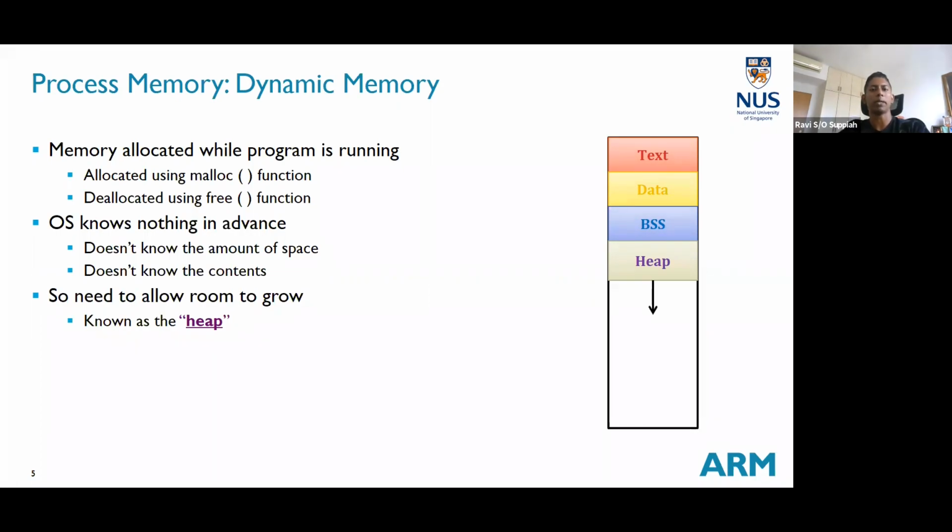Then only do I know how much space I need, and then I can allocate using the malloc function. Once I'm done, I free up the memory. So this is something that the OS does not know in advance, so we need to set aside some memory for that. That is basically what we call the heap, and you need to have some space for the heap to grow as and when the memory requirements are there for the system.